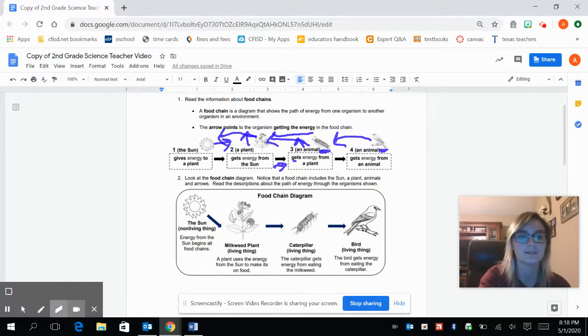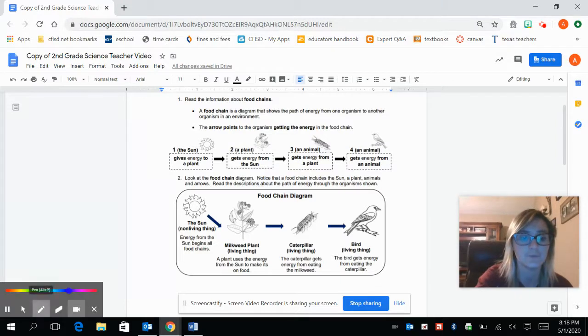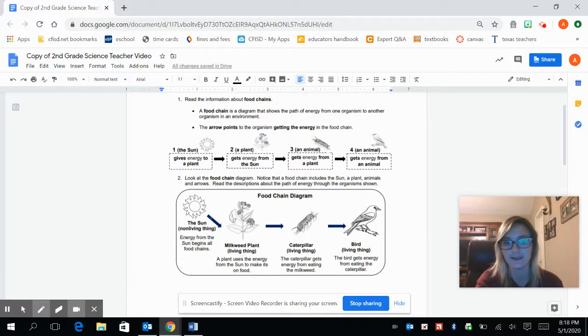So let's look at this food diagram down here. So this is another food chain, very much like the one up there. So we have the sun here. And the energy from the sun begins all food chains. It's number one. It's the very first step to having a food chain, a successful environment.